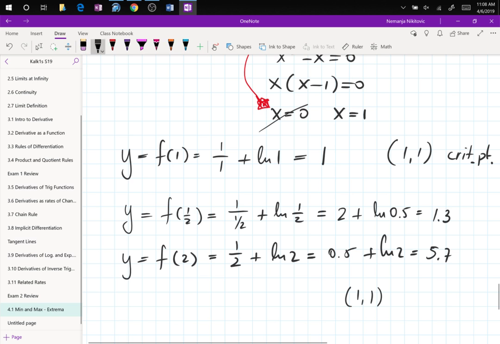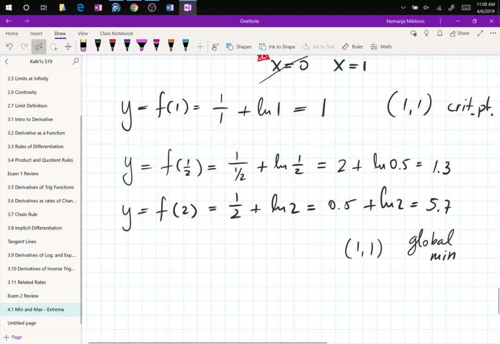It's a min, global min. Because the 2 points, if I am to graph this like this, 1, 2, 3, and let's say this is my 1, 1, then I see that at 1/2 I have 1, 3, so that's higher, and at 2 I have really high up on a y value.